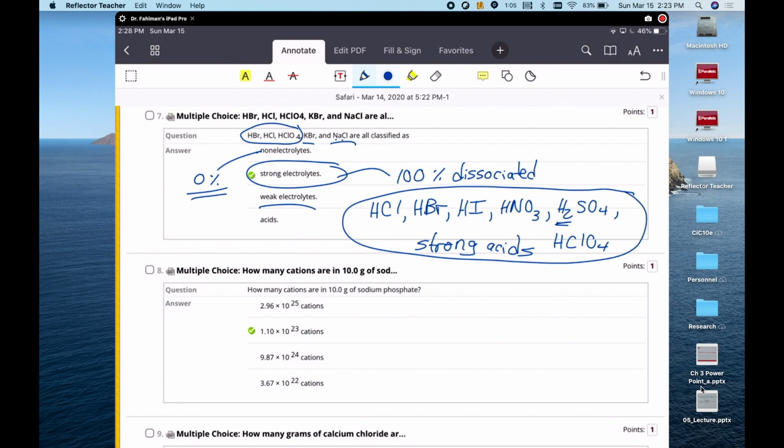I think there's a question coming up later, but like sugar, other types of organic compounds, compounds that contain predominantly carbon, oxygen, nitrogen, hydrogens, like methane, for instance, those will not be dissociated at all.